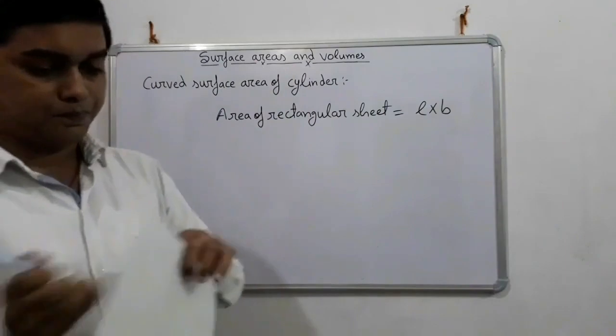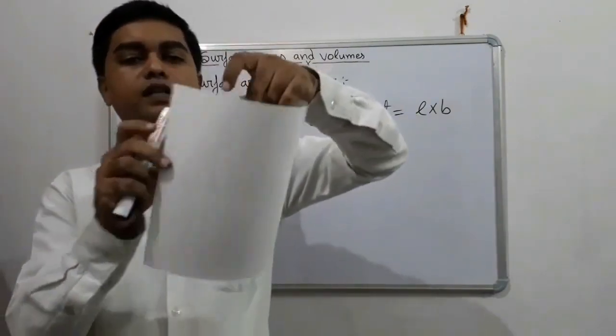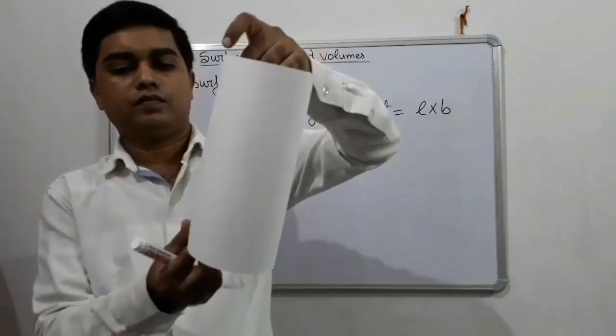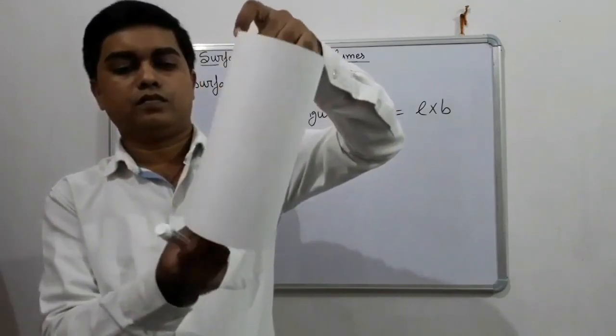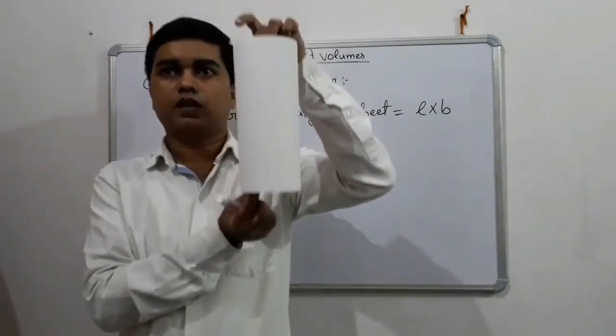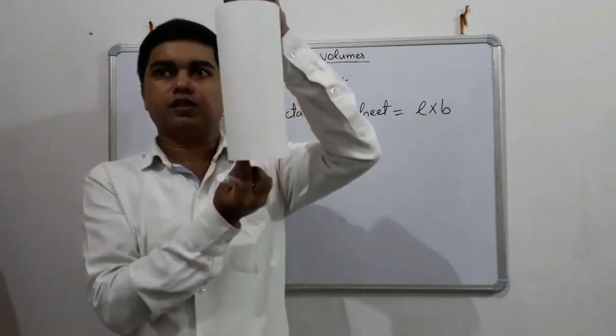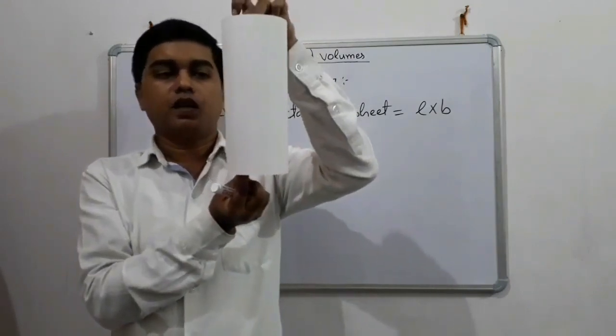Now children, see, if I fold this sheet like this, see, like this, then now this is a cylinder. See, now this is a cylinder.